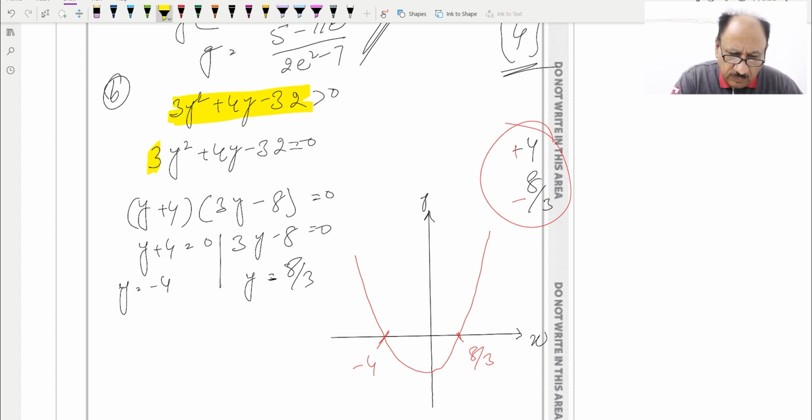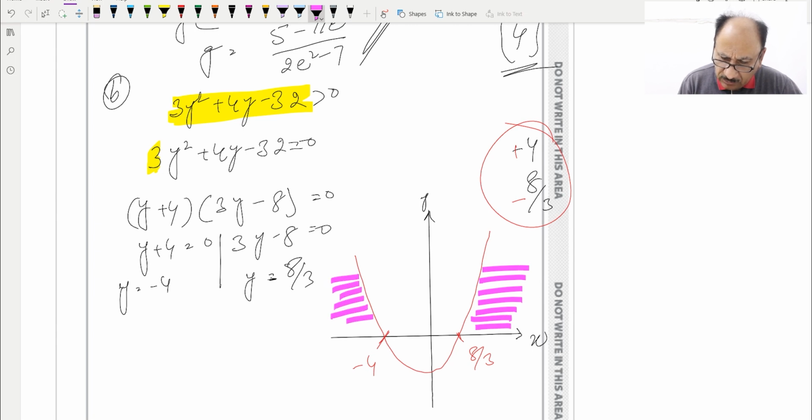So the values greater than 0 will be what? Greater than 0 values will be in this region or in this region. So for this we will write the equation that y is greater than 8/3 or y is less than -4.